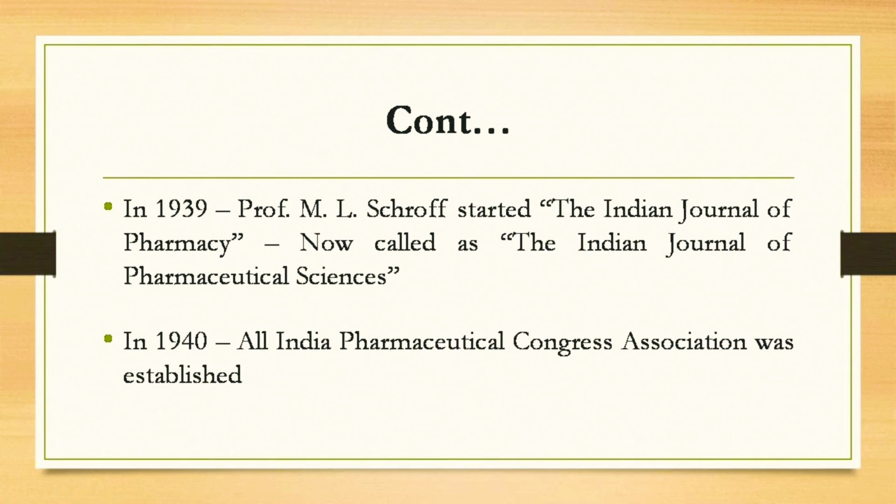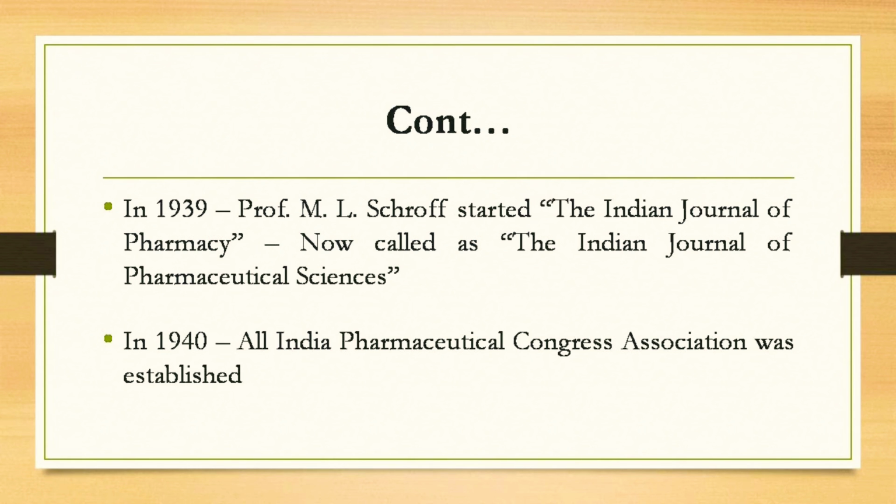As time passes, in 1939, Professor M.L. Shroff started a journal publication which was named the Indian Journal of Pharmacy, and this journal is nowadays called the Indian Journal of Pharmaceutical Sciences. So the only difference in the name is that pharmacy is now called pharmaceutical sciences, and this is one of the reputed journals of the pharmacy field.